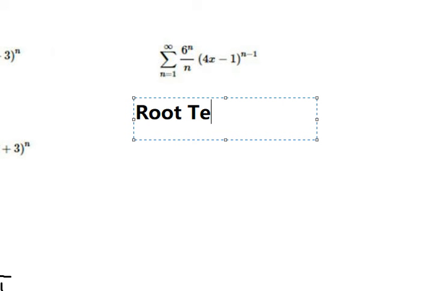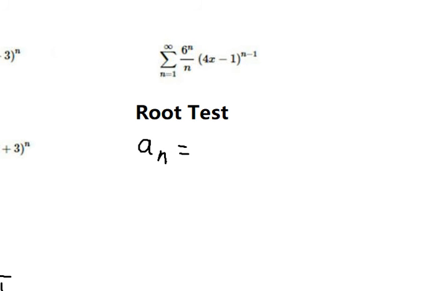Now let's go to the last one. We use the root test. So I will put a_n equal to this one. Now we use the same formula as for question number 4.